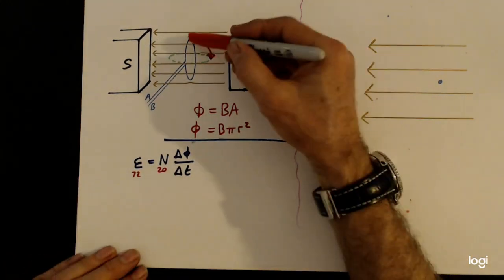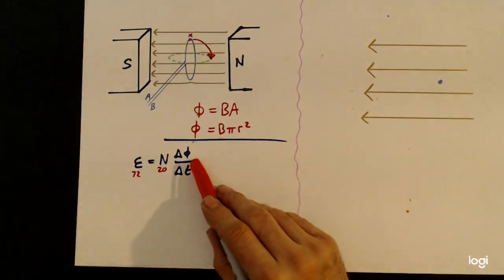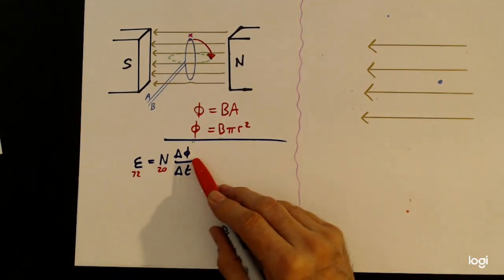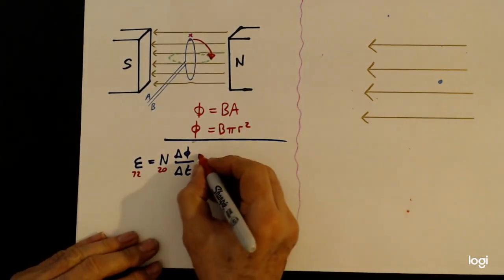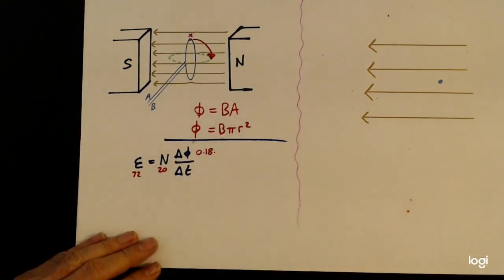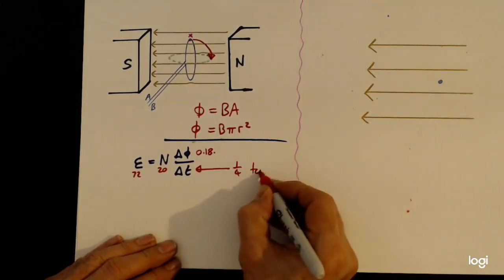So in the time that it takes for 1/4 of a turn, delta flux is all of it, right? It goes from 0.18 Webers, which is what they gave you in the question, to nothing. So that's going to be 0.18, and whatever that time is, that's the time for 1/4 of a turn.